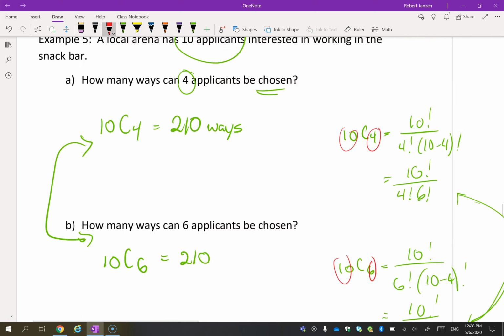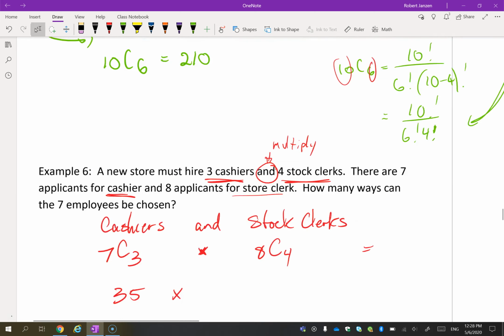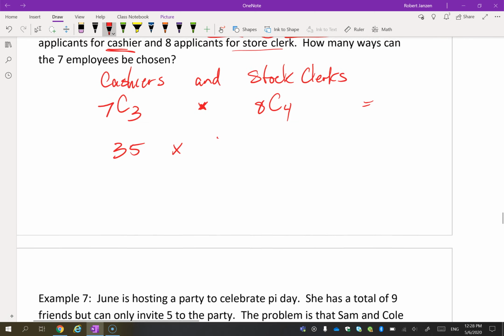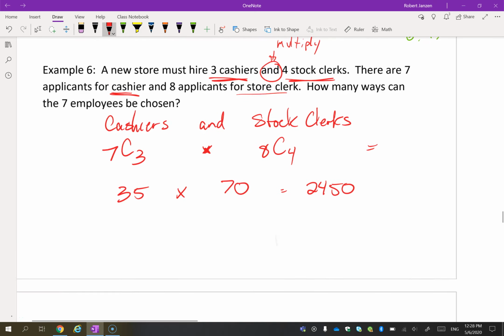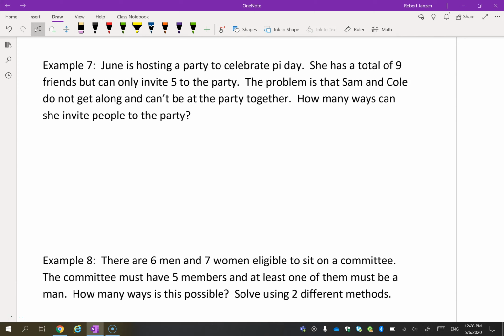I think we just did that up here. What was 8 choose 4? 70. So 35 times 70. So this is 2,450 ways. Okay, this is a common type of question where you have to do two things and you have to combine them like that. Okay?